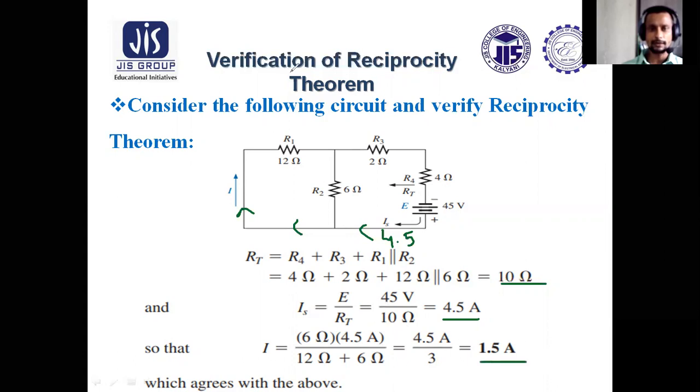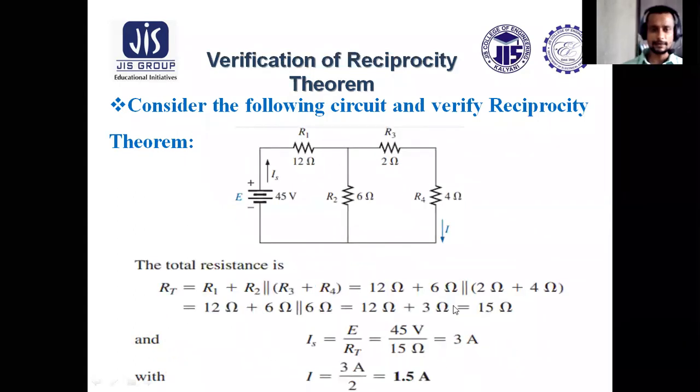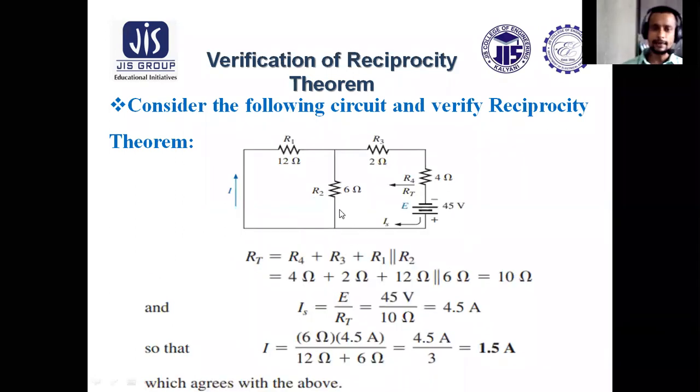So see, in the previous case, when E was here and we were measuring I through this path, the current was 1.5 ampere. Now E is placed in that branch through which the current was originally measured, and if we want to measure I through that branch in which E was originally located, then we get the same current. So this implies the reciprocity theorem is verified for this circuit.